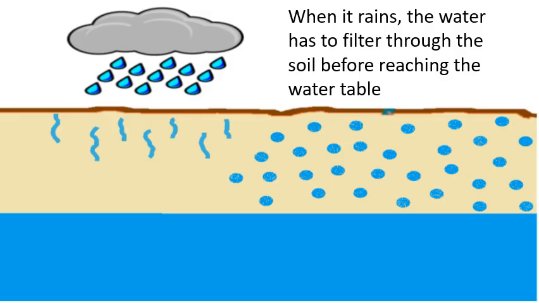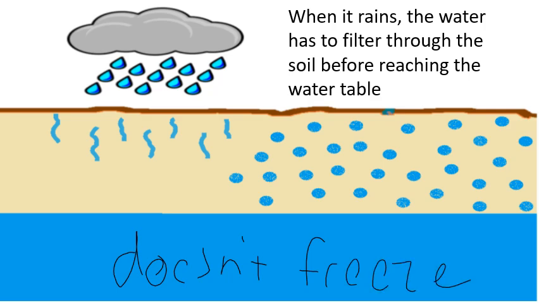Now, what is this idea of permafrost and the frost line? Well, when it rains, the water filters through the soil before it gets to the water table. And the water table doesn't freeze. The water deep underground always stays as liquid water because, even though it's colder underground, you don't get sunlight, it doesn't get as cold as it does up at the top because you're insulated by all that dirt above you.